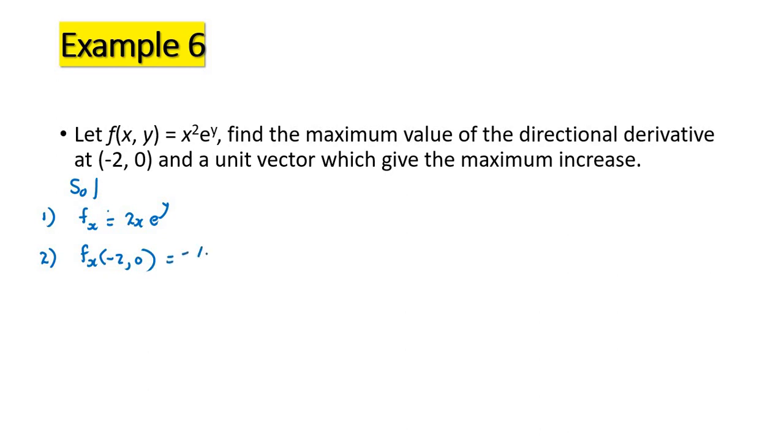So negative 4, right, substitute x = -2, exponent 0 is 1. Okay, the third step, you find fy. fy, x squared is constant, that's why I have x squared exponent y. And then you find fy at the point (-2, 0). So you have 4.